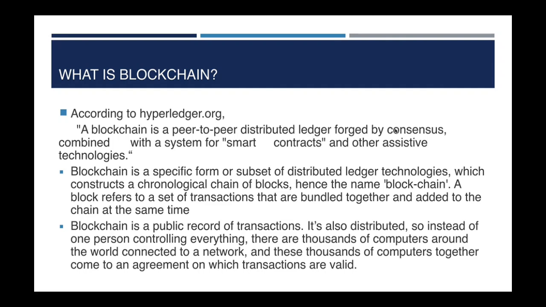Forged by consensus. What do you mean by consensus? What transactional data has to be stored in the distributed ledger is decided by a process, and that process is called consensus. And what do you mean by smart contract? Smart contracts are the programs that we place on the network, and when certain conditions are met, smart contracts will execute on their own.